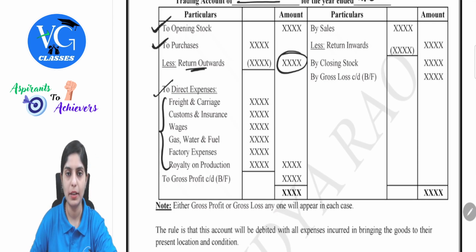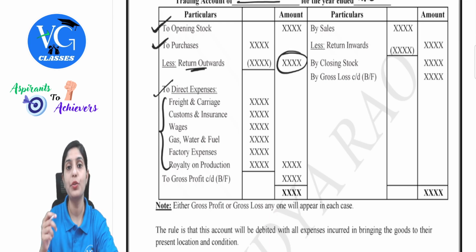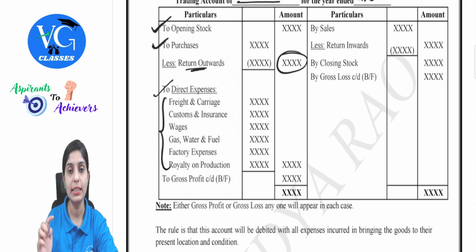So in this particular situation, please understand clearly what are direct expenses. Direct expenses are those expenses which are incurred by the business in order to make the product ready to sell in the market. All those expenses incurred in this particular course will be called direct expenses.